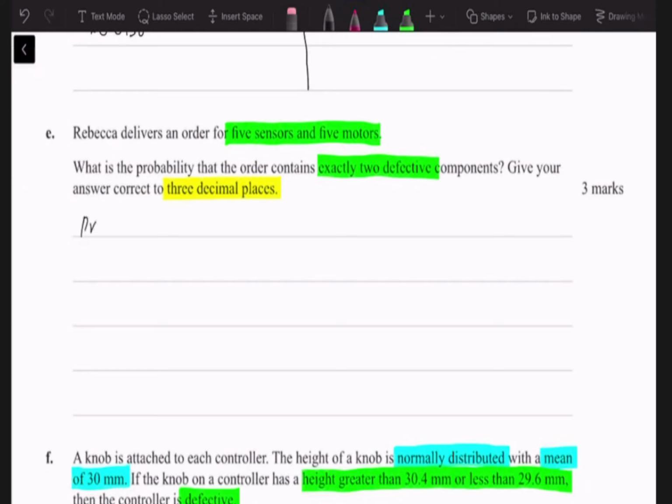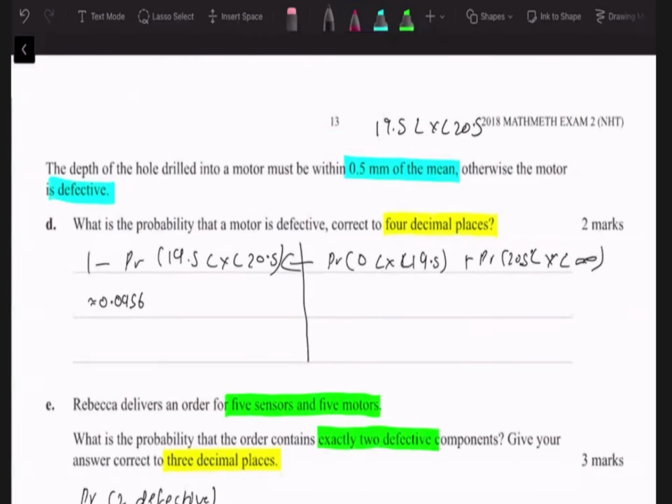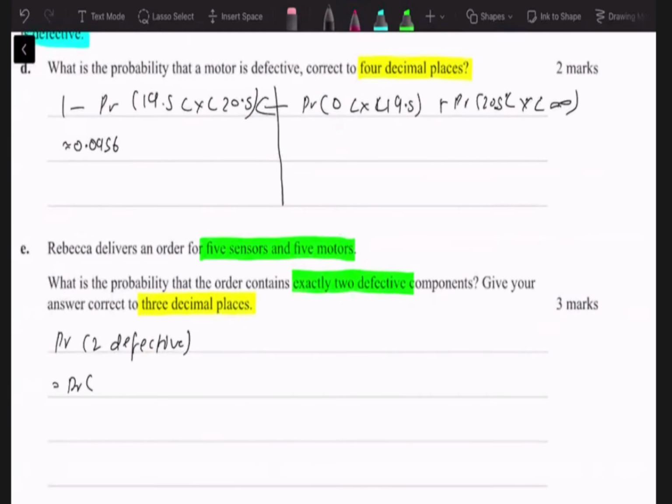There are 3 ways you could have 2 defective components. I'll just use the dashes to mean that they're defective. So you could have 1 defective sensor and 1 defective motor, or 2 defective sensors and no defective motors, or no defective sensors and 2 defective motors.